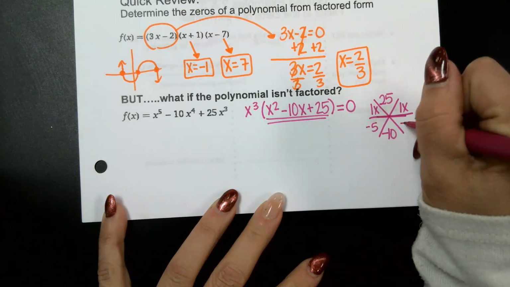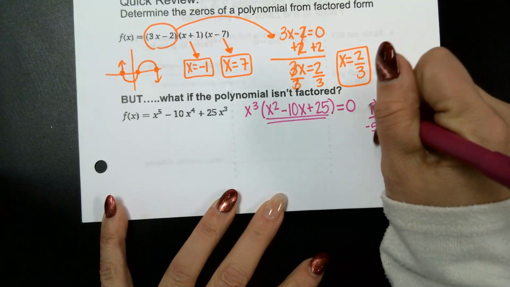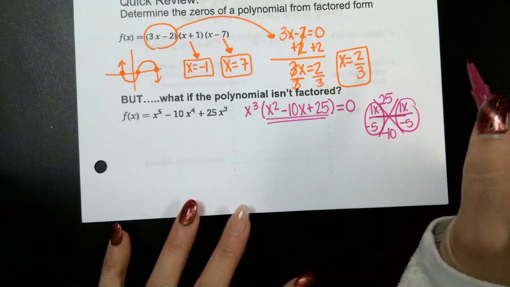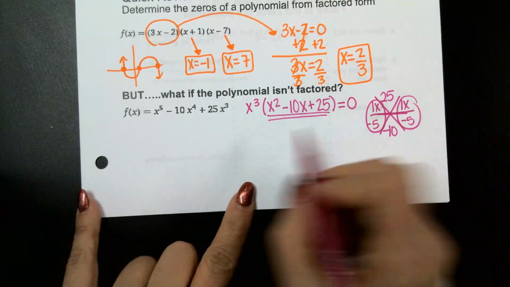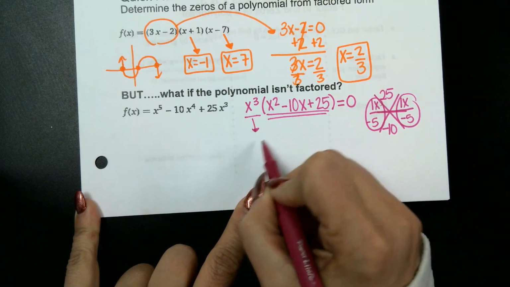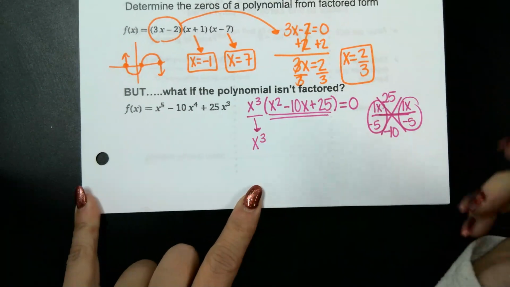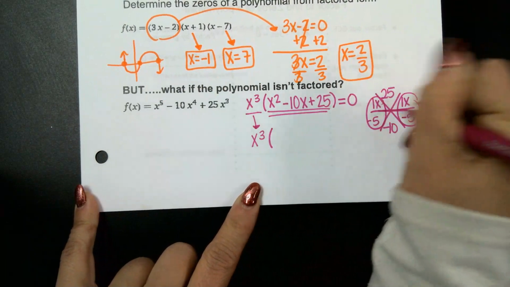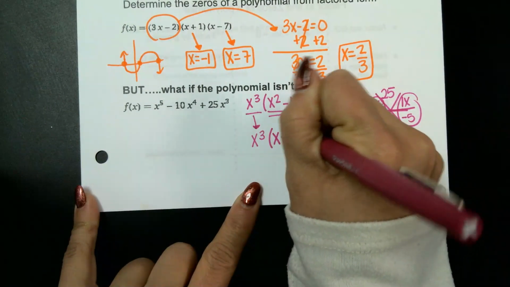Yep. Both of them are negative 5. Now you might want to look up at the board. When I rewrite this in factored form, this x to the third is still there. You can't get rid of that. And then my 2 sets of parentheses are x minus 5.